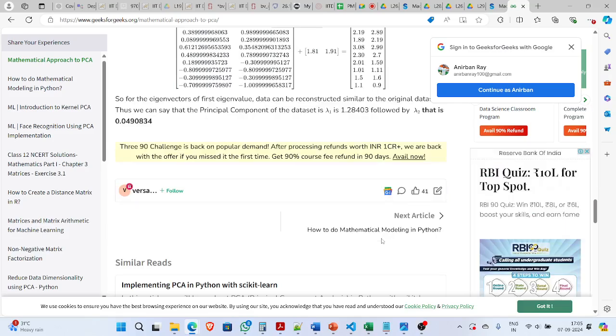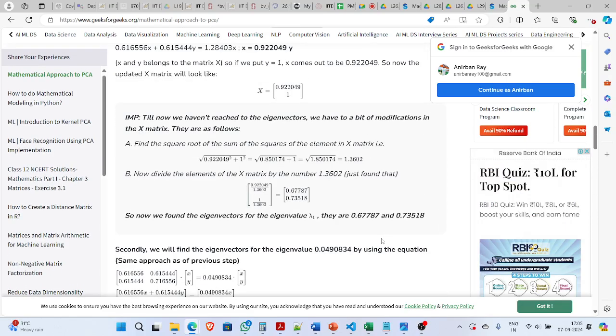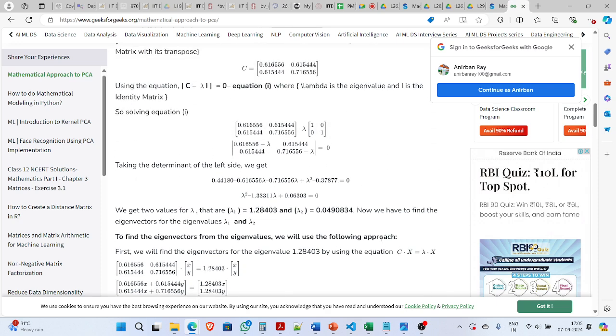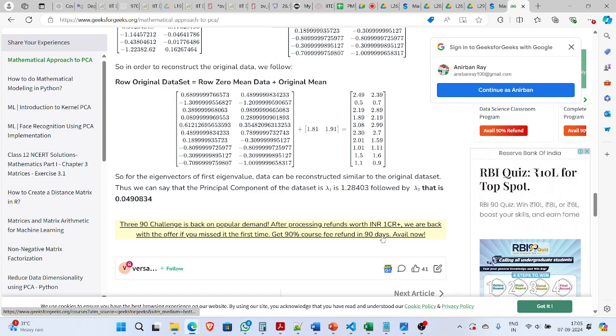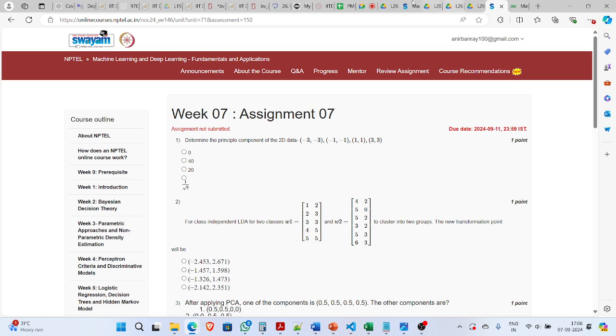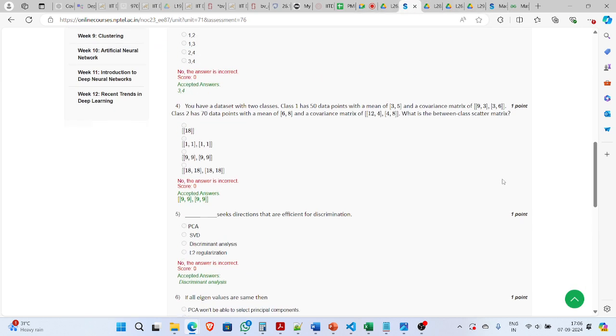The eigenvalue comes to be lambda 1, that is 1.28. But the answer is not that, right?